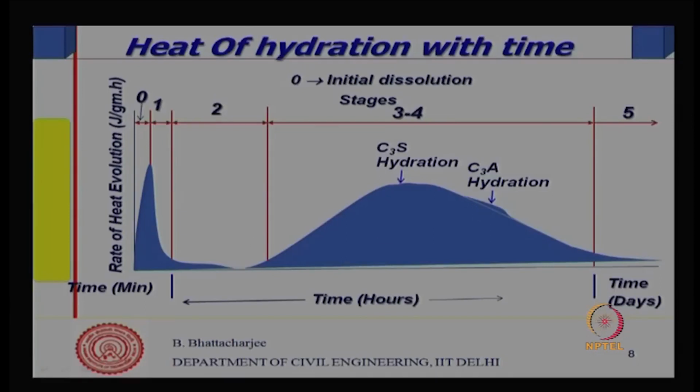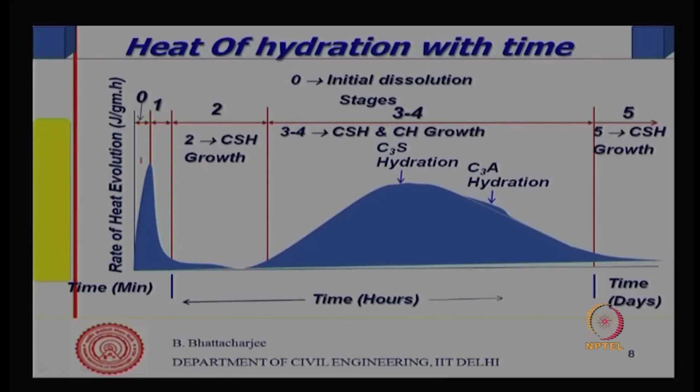So, in stage 1, we will see that it is ettringite formation, 2 C-S-H growth, 3 and 4 is also C-S-H growth, and 5 is further C-S-H growth. So, in this stage initial C-S-H growth occurs.